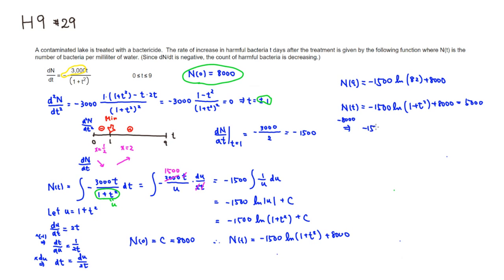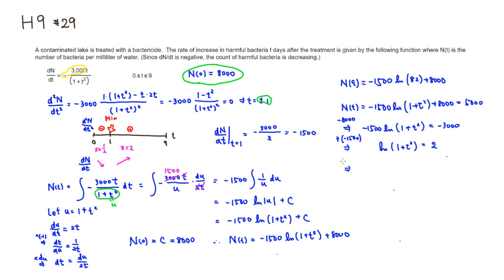So you have negative 1,500 natural log of 1 plus t squared is equal to negative 3,000, because 5,000 minus 8,000. Then I'm going to divide through by negative 1,500. So we get natural log of 1 plus t squared equals negative 3,000 divided by negative 1,500, which is just 2.